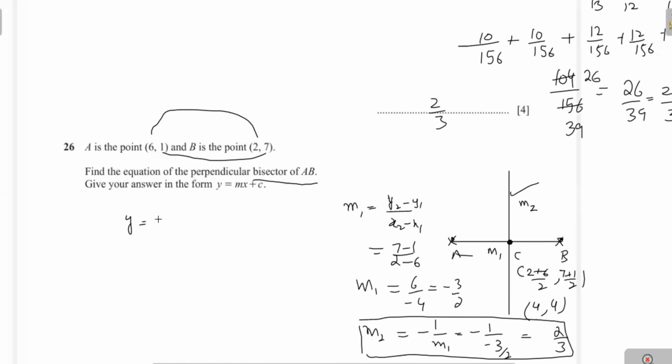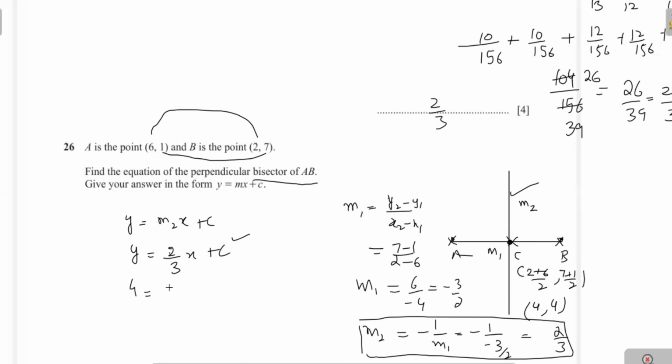Therefore, the equation of the line will be y equals m2 x plus c, where m2 is 2 over 3, so y equals 2 over 3 x plus c. To calculate c, we will substitute the point (4, 4) in this equation.